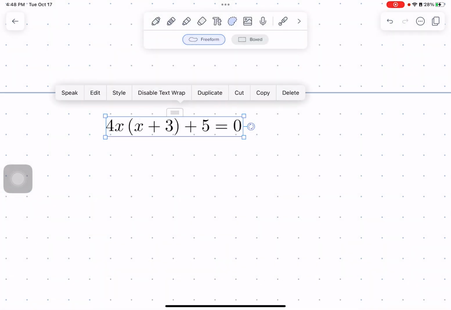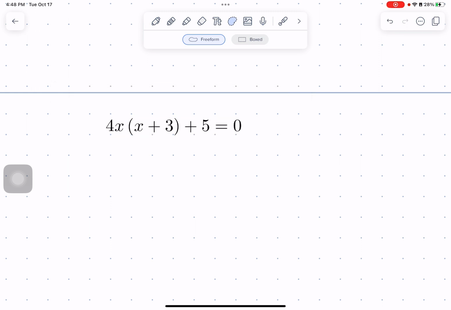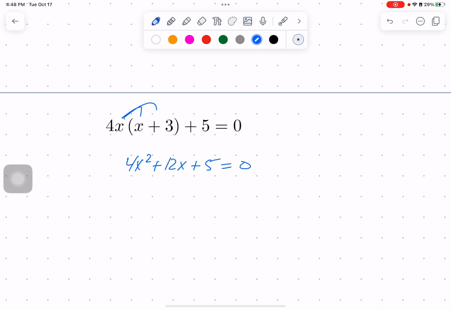So we got 4x, x plus 3, plus 5 equals 0. Okie dokie. So I'm going to expand. 4x squared plus 12x plus 5 equals 0. That's a mark. Yay! Now, let's take a look at this. Is it in ax squared plus bx plus c equals 0 form? Yes, it is. So now I have to choose. Am I going to factor or quadratic?